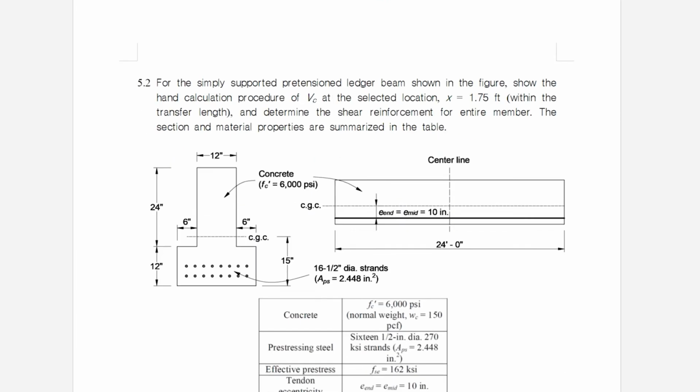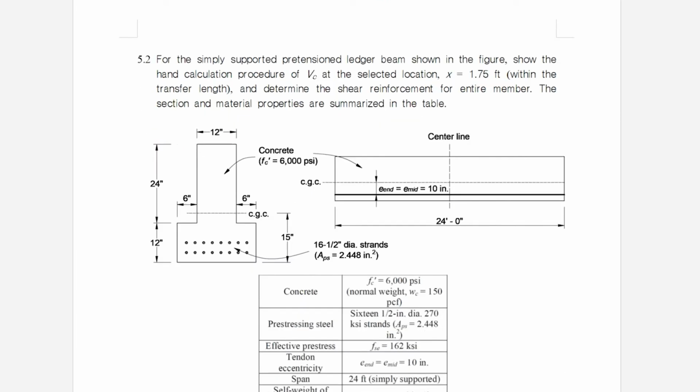Second example, a simply supported pretensioned ledger beam. So it's an inverted T-shape, and the calculation procedure of Vc at the selected location of 1.75 feet, so within the transfer length. So we have to calculate the effective stress at that location exactly.